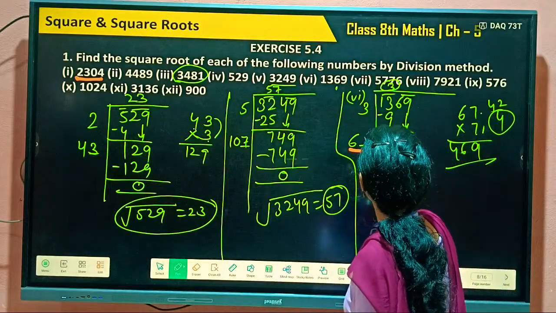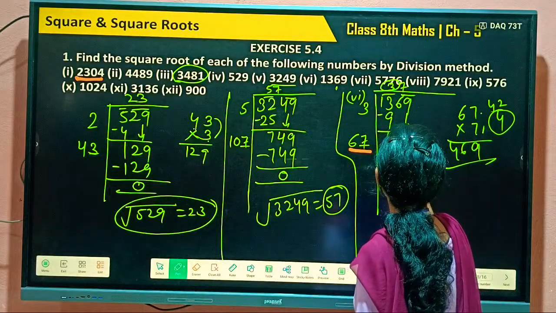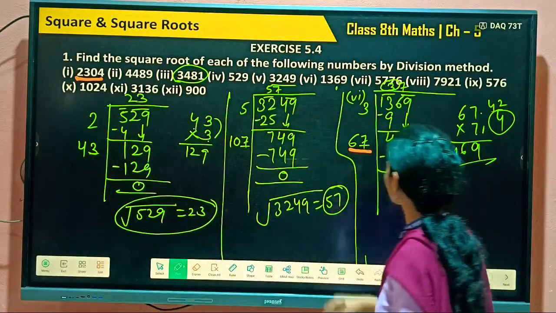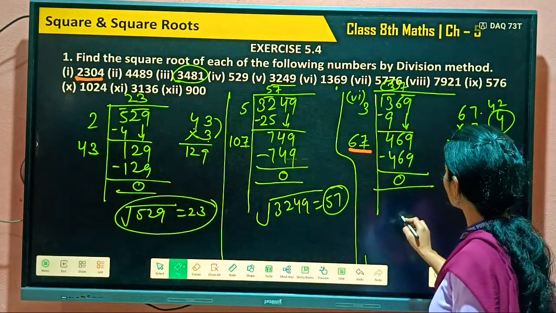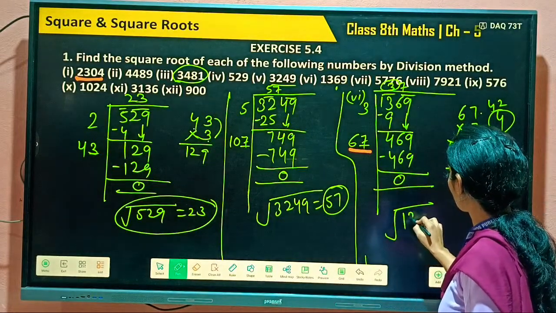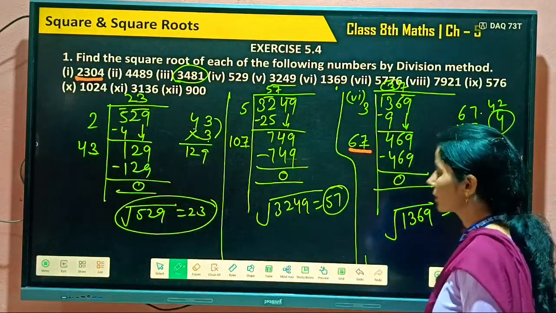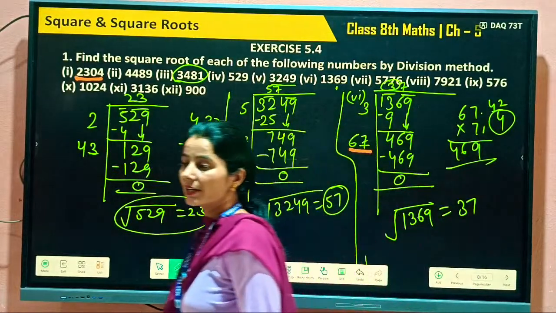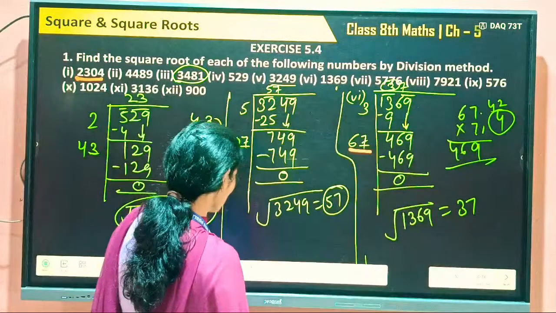So we got 7, then you will write 7. 469, multiplication of 7 with 67 is 469. So what will be the answer? Square root of 1369 is 37. Let us do the next part.